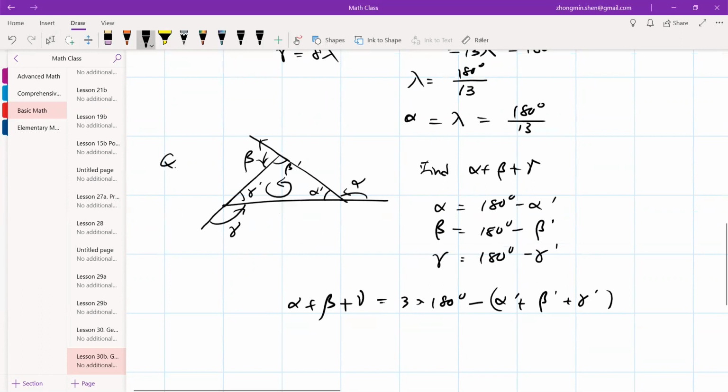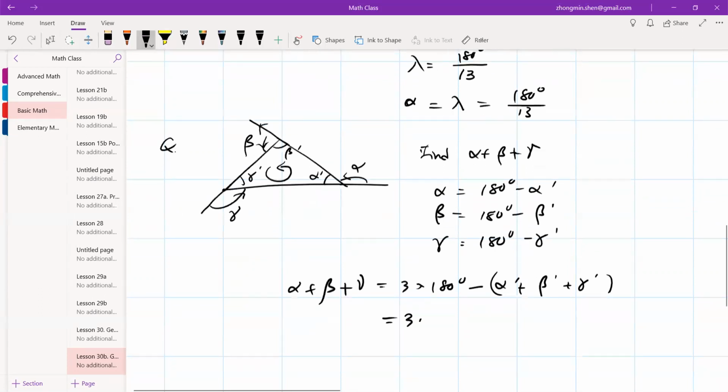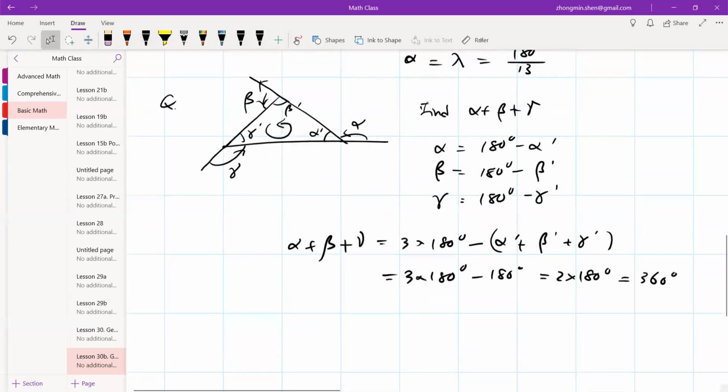But alpha prime plus beta prime plus gamma prime is going to be 180 degrees. We know that. So it's 3 times 180 degrees minus 180 degrees. It's going to be 2 times 180 degrees, which is 360 degrees. I'm surprised, yeah. So 360 degrees. Okay, it can be uniquely determined.